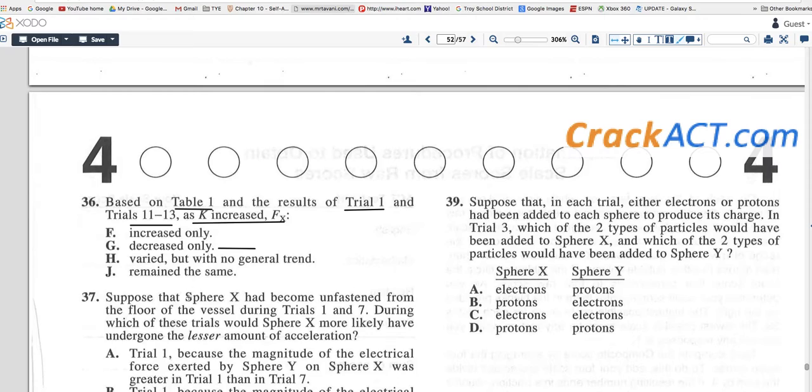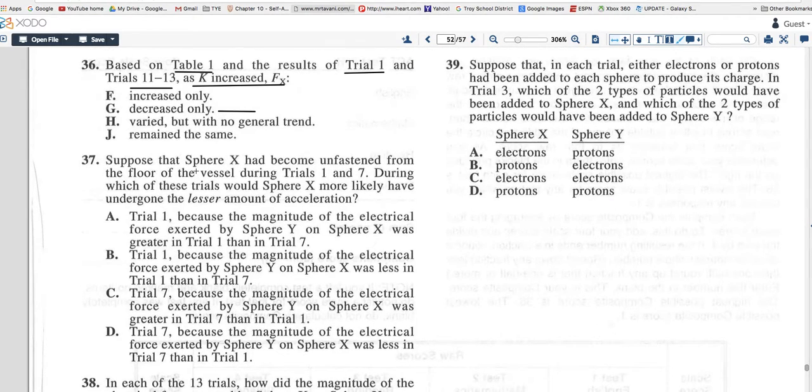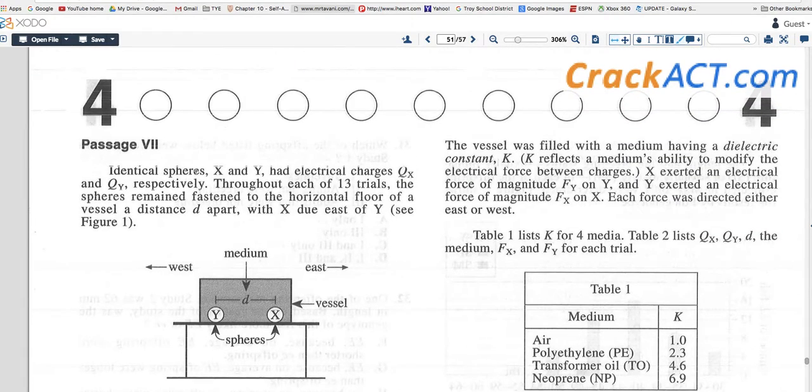Next one. Who wants to do this? Lauren, 37. Give it a shot. Okay. So what's going on in this experiment? Who can explain very simply what's going on?